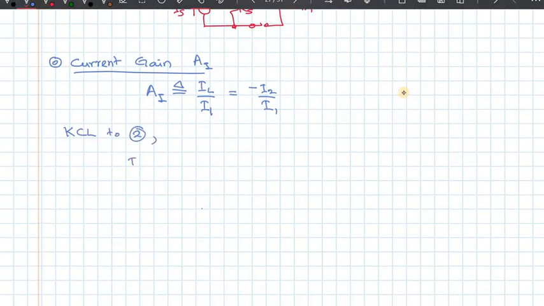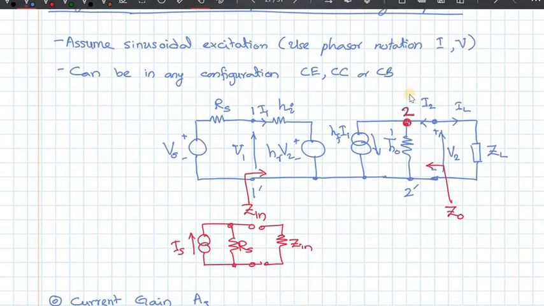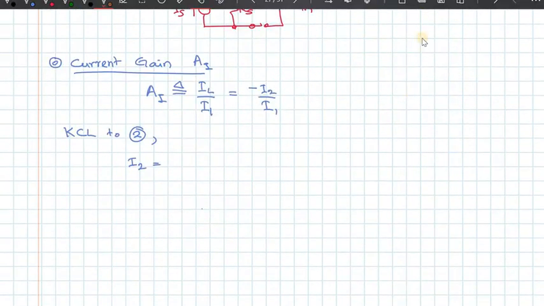We have I2, the current that is entering, equal to HF times I1, plus this current, which is equal to voltage divided by the resistance. Voltage is V2, resistance is 1 over H out, HO. So therefore current is V2 times H out. So I can write this as HF I1 plus V2 HO.